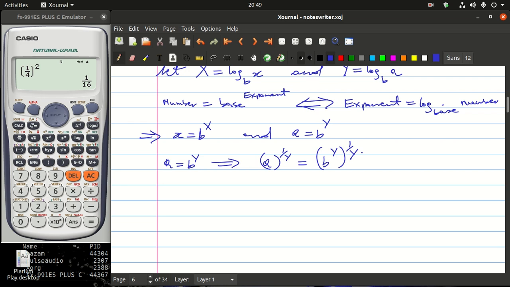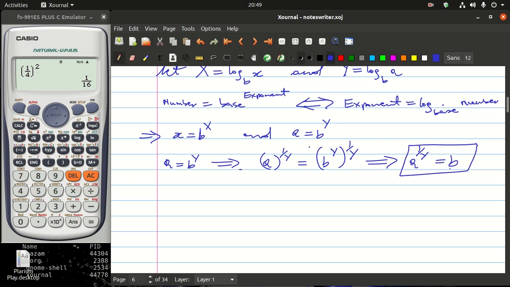If you look at this carefully, this y and that y will cancel out, and now this implies that a to the exponent 1 over y is just equal to b. So we have our b now.